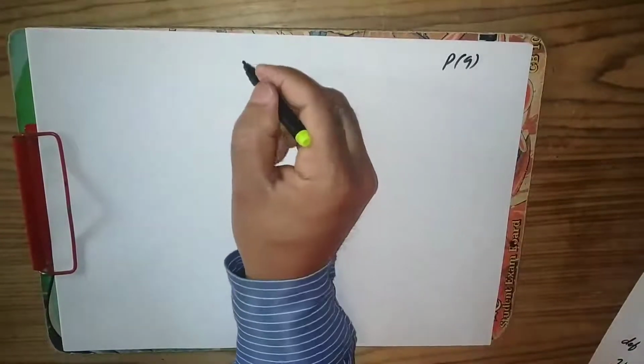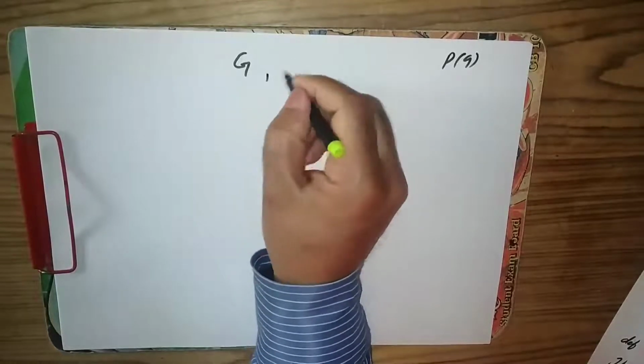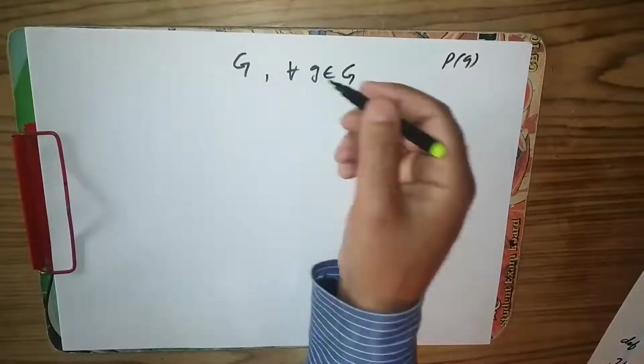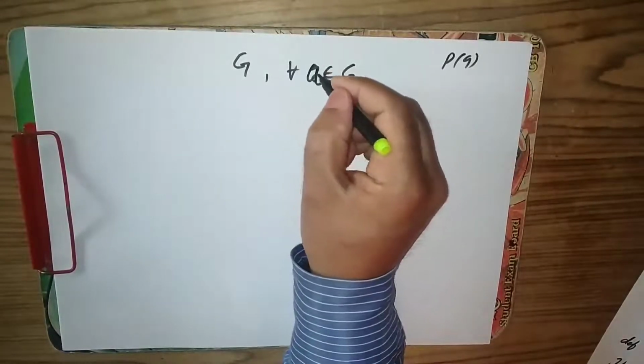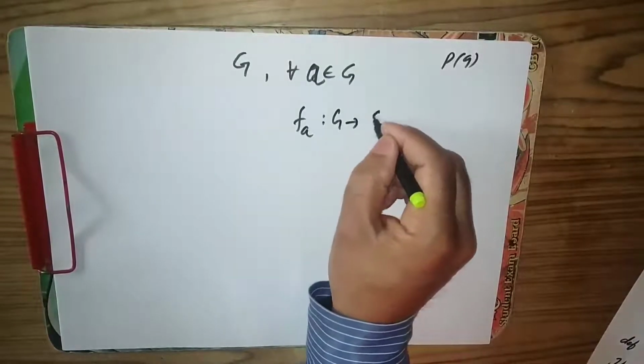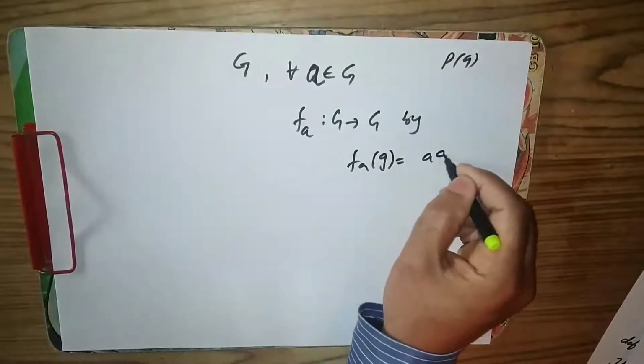Now next we see that, as you all know, given a group G, for all a in G, we can define a map f_a from G to G by f_a(g) = ag.